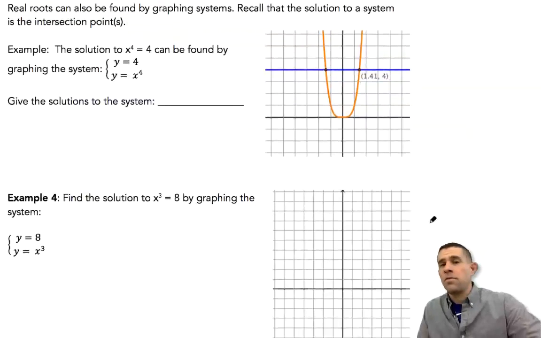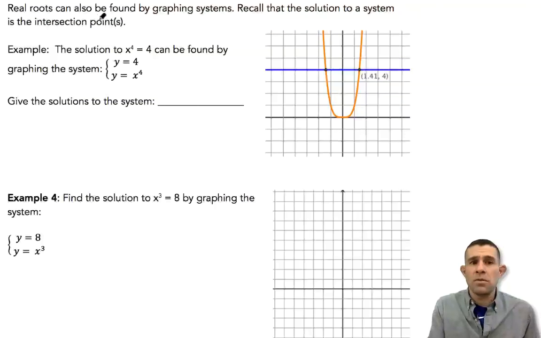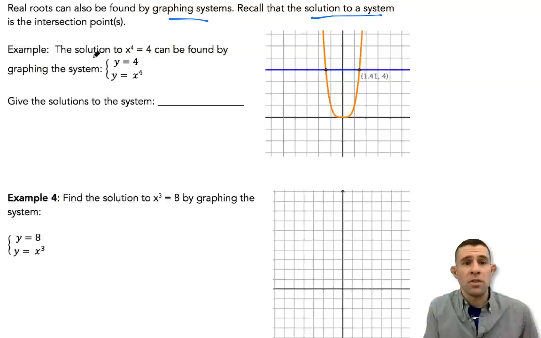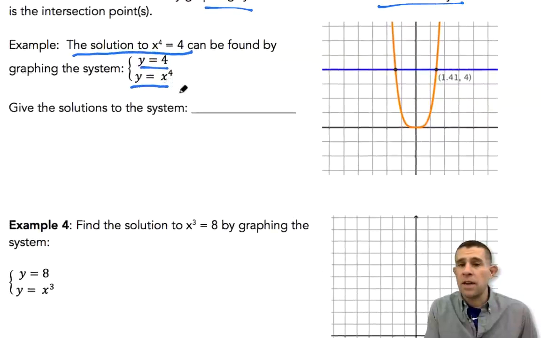All right, now a little bit further down in your notes, it says real roots can also be found by graphing systems. Recall that the solution to a system is simply the intersection point of that system. So, for example, to find the solution of x to the 4th equals 4, we can graph this system: y equals 4, which is our blue horizontal line here, and y equals x to the 4th, which is our orange graphed equation.